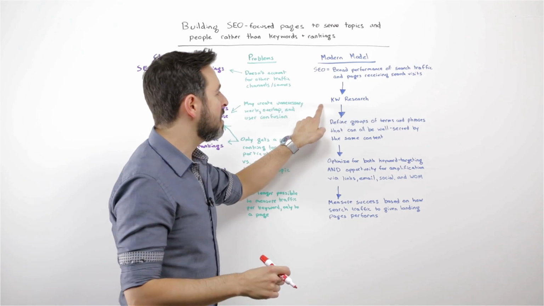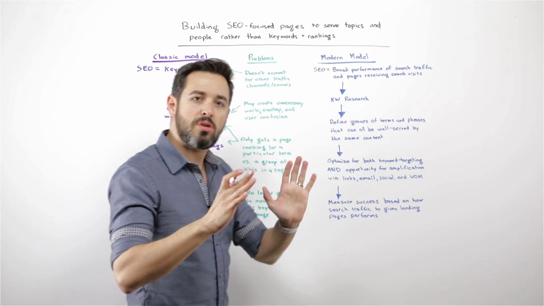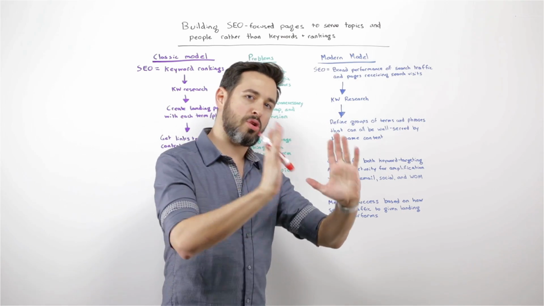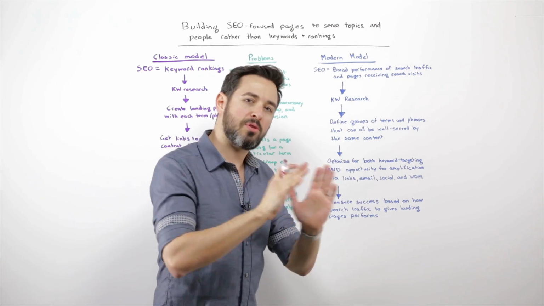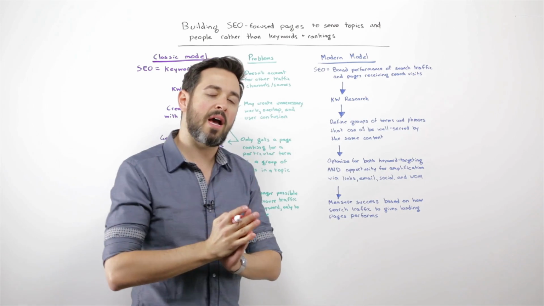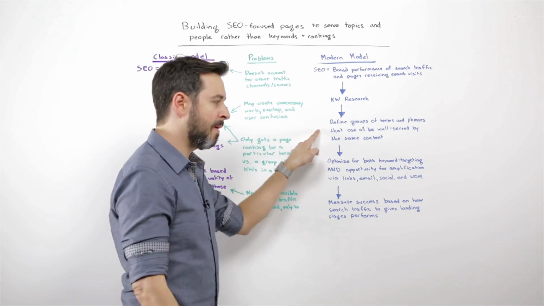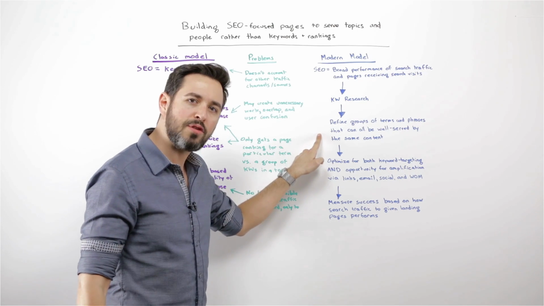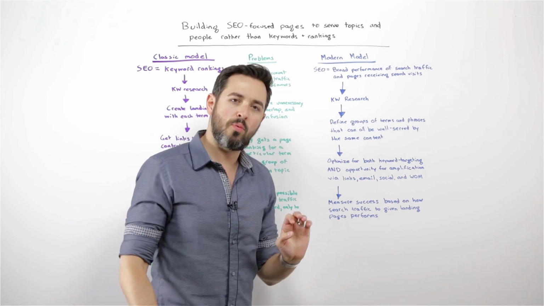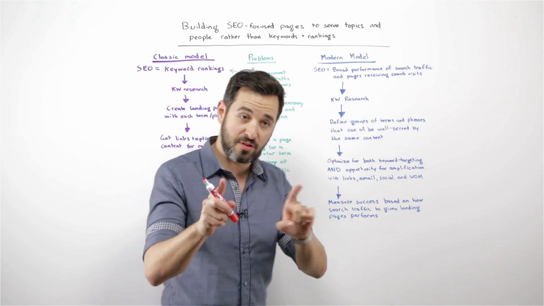I'm still doing keyword research, I'm still using that same process, right, where I try to figure out, okay, how many people are searching for this term? Do I think they're going to be high quality visitors? And is the competition low enough that I think my website can compete? I'm going to then define groups of terms and phrases that can be well served by that content. This is very different.